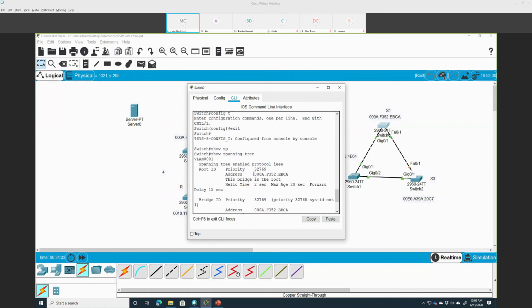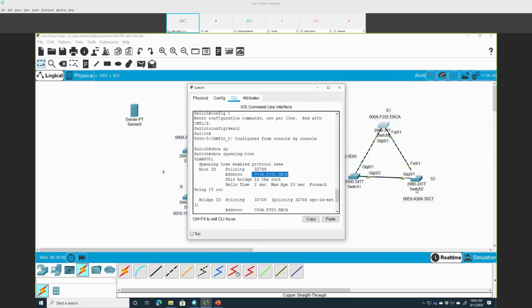And the root bridge is whoever has this MAC address, which is S1. Notice over here, what's the difference between when we run spanning tree protocol on this switch and this one here? On this switch here, no cost. You see that? There's no cost involved. In here, we have a cost of 4.